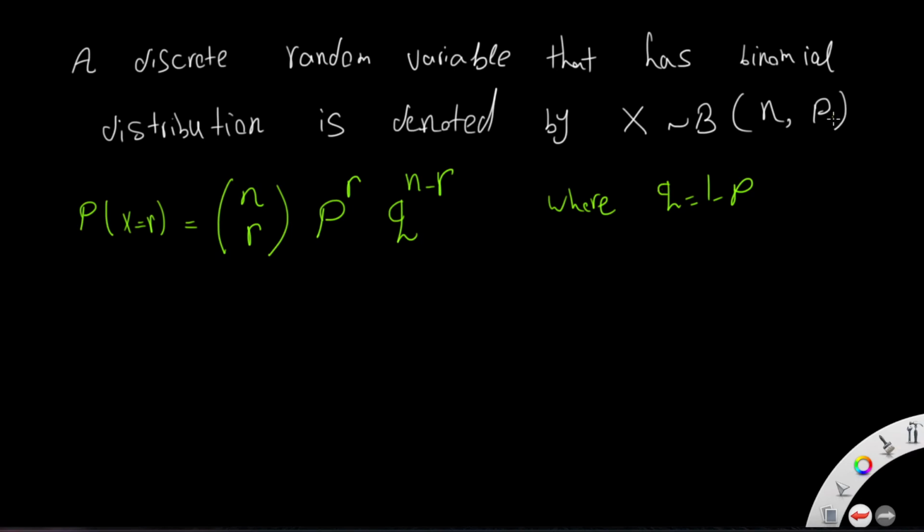So when the probability of success is p, the probability of failure q will be 1 minus p. And r, which is the number of successes, can take the value 0, 1, 2, and at most n. It means that you can have 0 successes out of these n trials, 1 success, 2, and at most n, meaning that all n trials are successes.